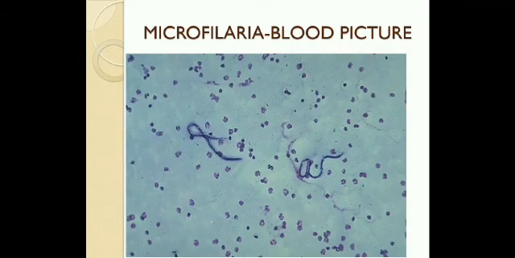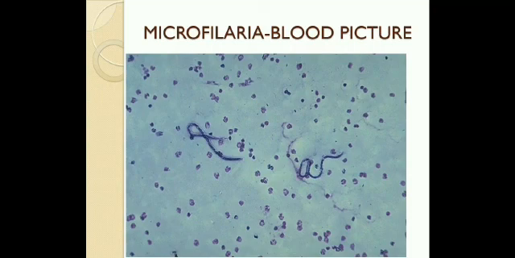So this is a picture of a microfilaria. Microfilaria is the larval form of the filarial worm. The adult worm lives in the lymphatics, or within the tissue. When this adult worm becomes mature, it will start laying eggs, and these eggs hatch to produce the larvae.